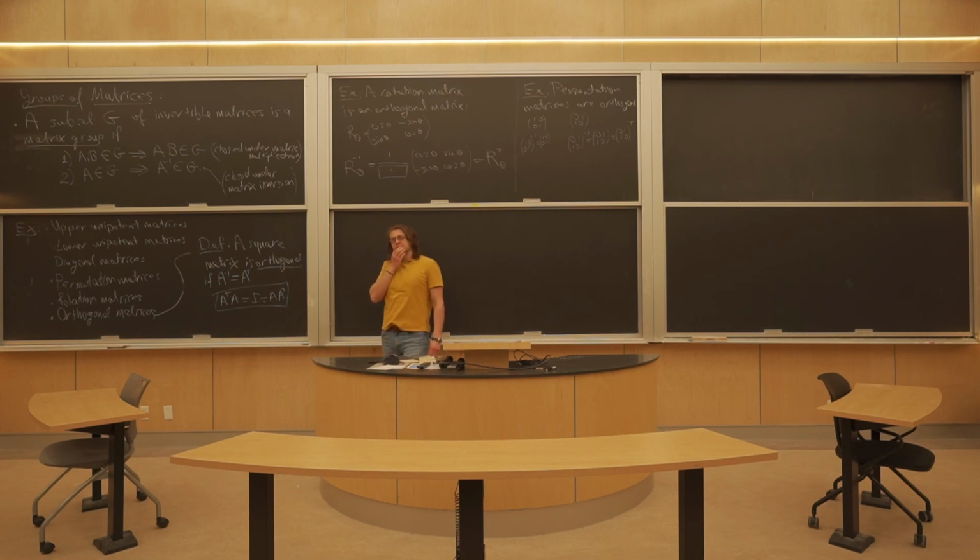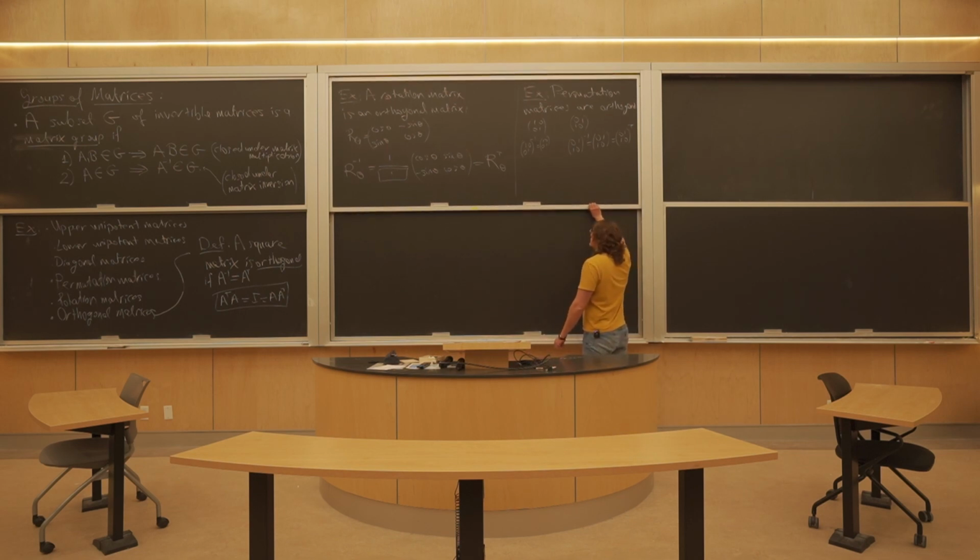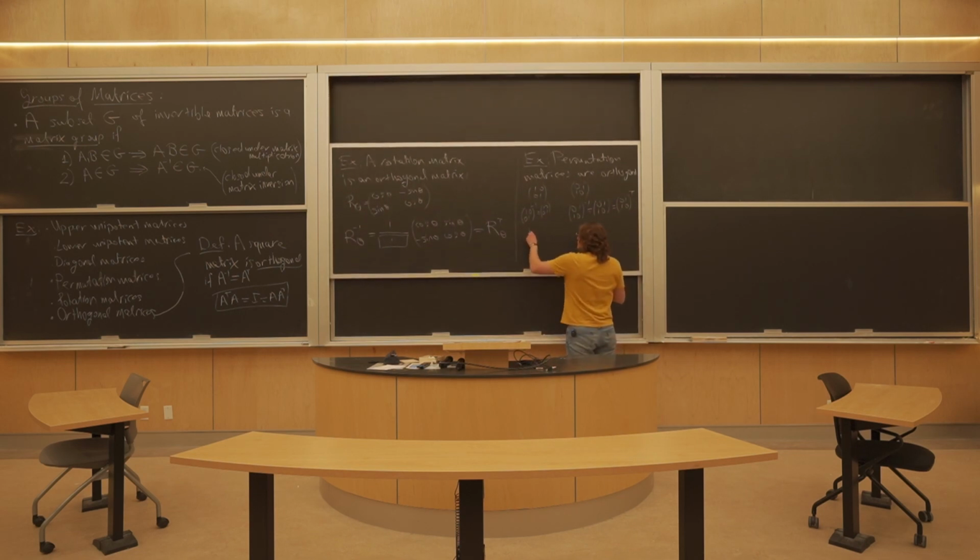So would the easiest way to check if something is orthogonal be to take the transpose and then multiply them together? Yeah. Another example is minus identity, for instance, which is orthogonal. Right? Because minus identity is minus 1, 0, 0, minus 1.